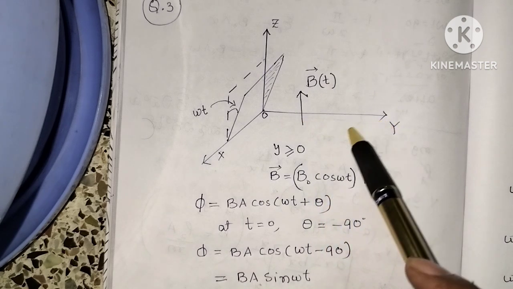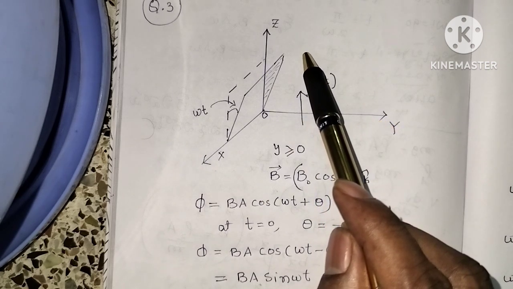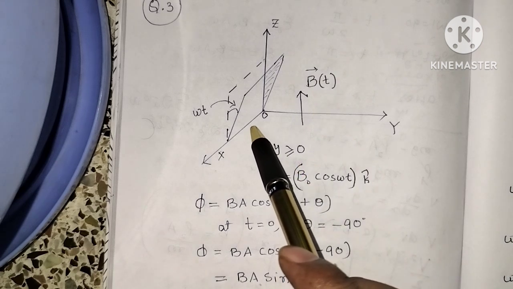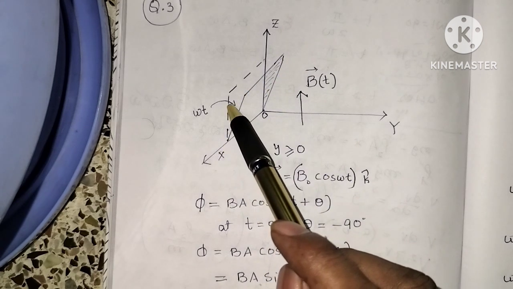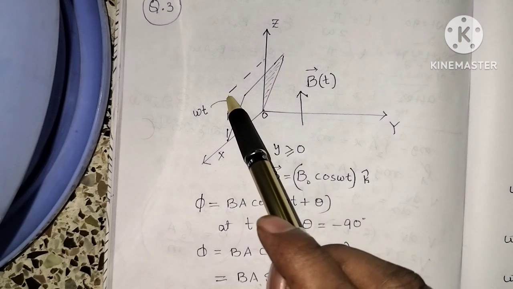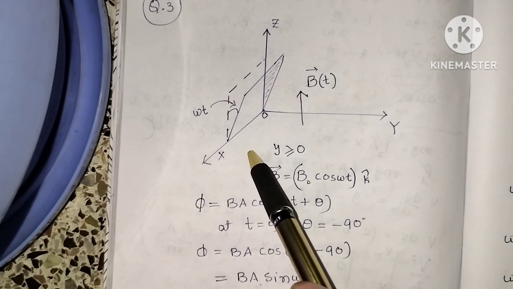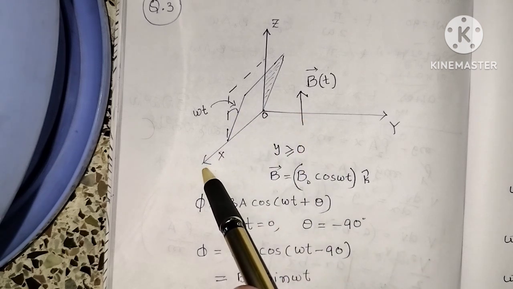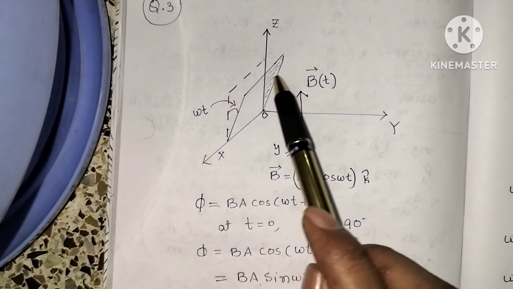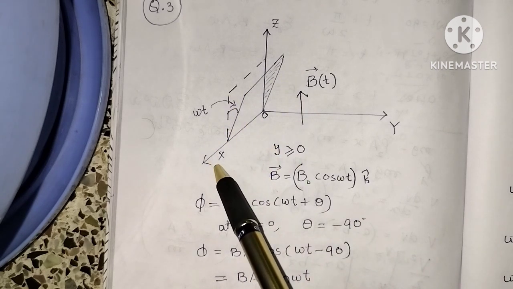In this full region, the direction of the magnetic field is towards the positive z direction. Here the conducting square loop is rotating about the x-axis in clockwise direction, when you are seeing from the x-axis direction.